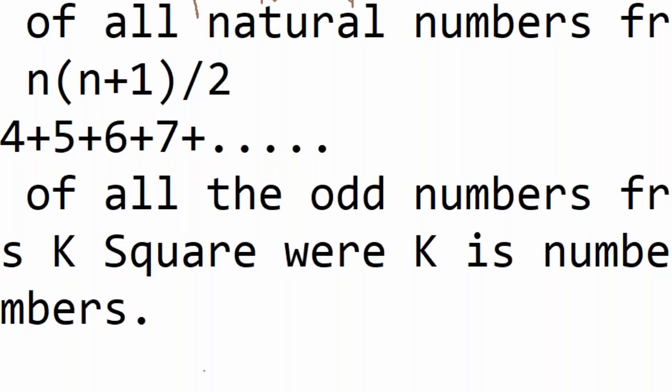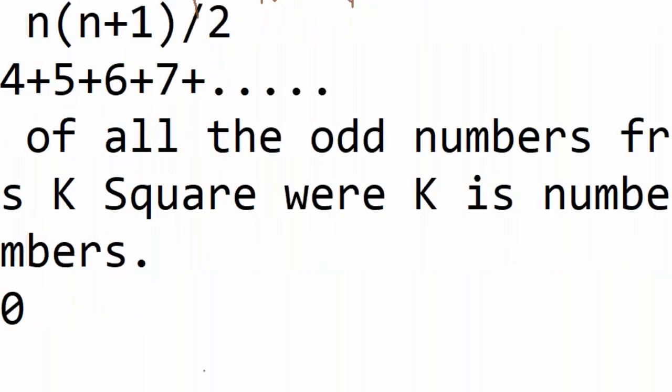For example, I want to get the sum of the odd numbers from 1 to 10. Smaller numbers only you have to take, ma. What are the odd numbers? 1, 3, 5, 7, 9. These 5 odd numbers are there.